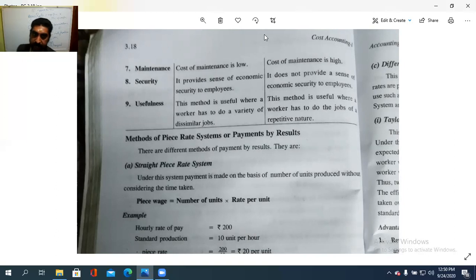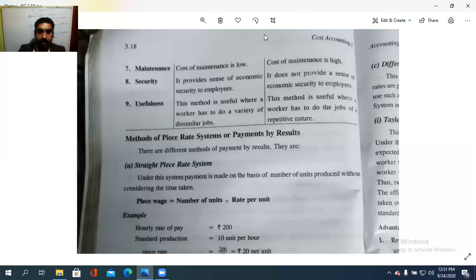And the usefulness. This method is useful where a worker has to do a variety of dissimilar jobs. Many different jobs will have to be done in case of the time rate system. While in case of a piece rate system, this method is useful where a worker has to do jobs of a repetitive, continuous nature.